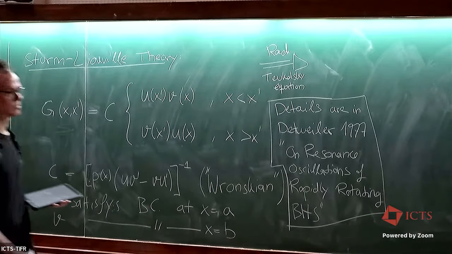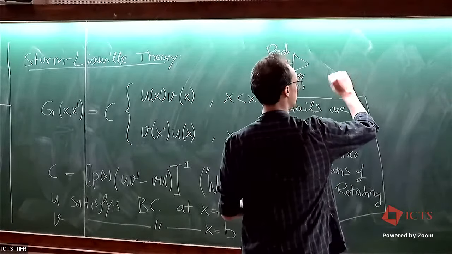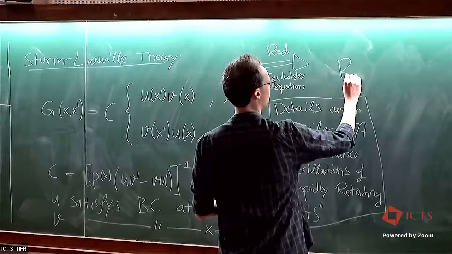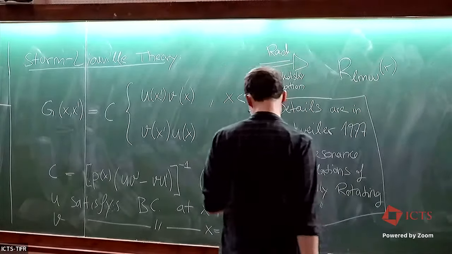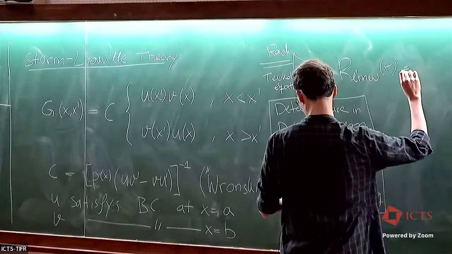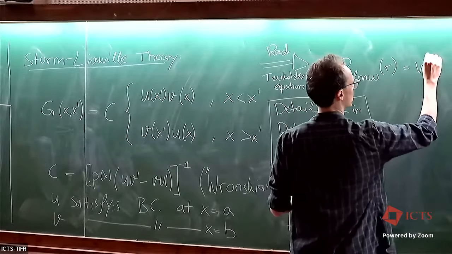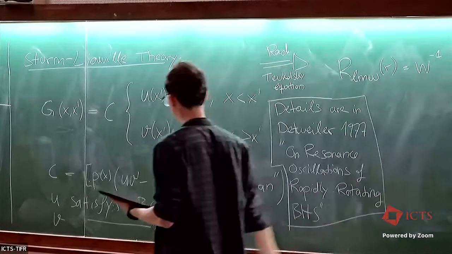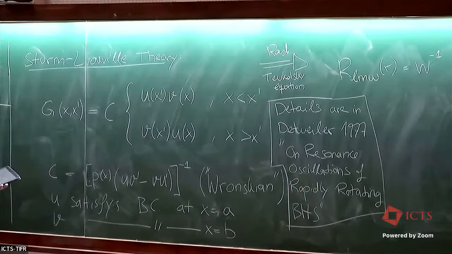Let me write this out explicitly. So basically the solution R_{l m omega}(r) is, how am I going to write this? So the Wronskian, again, this is similar to what we had here. This C is also the Wronskian, and it's exactly the same form.